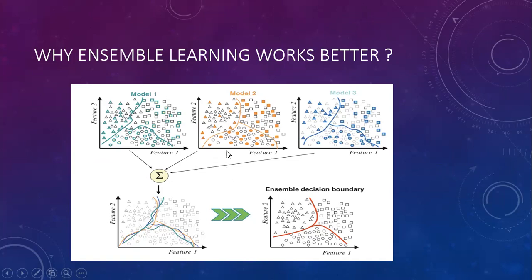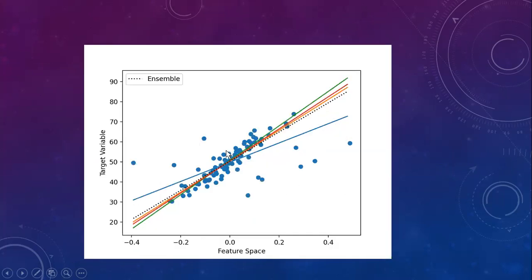This was the case of classification. Let's see what happens in regression. Suppose in regression these are the best fit lines, and these are four models: green, red, orange, and blue. When you calculate the mean of all these four models, this dotted line is created, which is the best line among these four models. That's why these ensemble learning techniques work better than individual models.